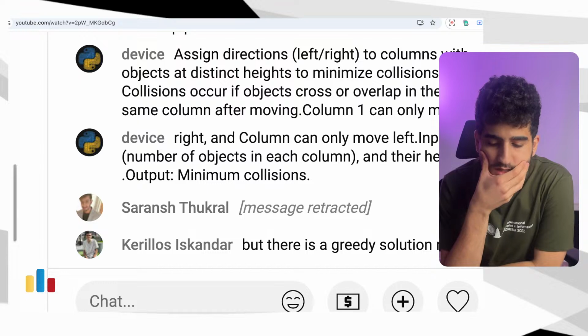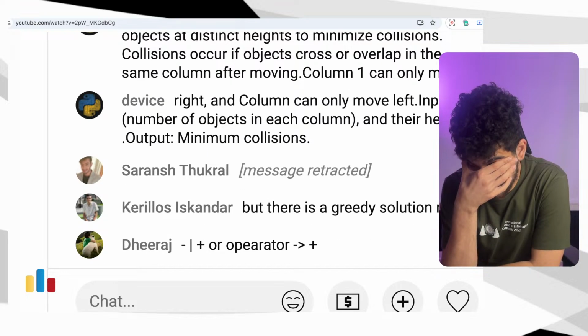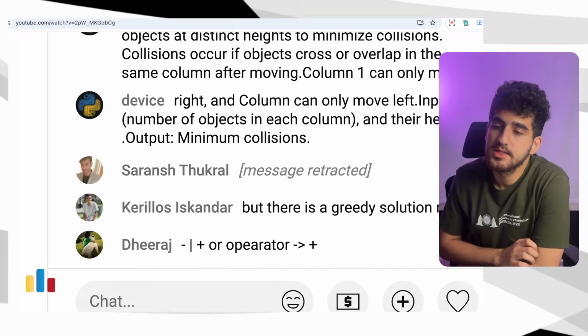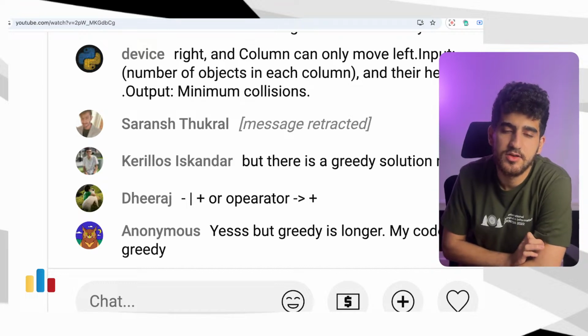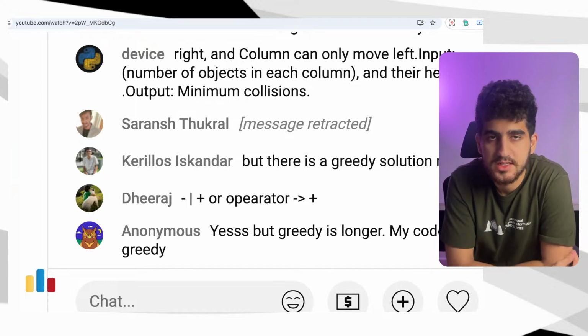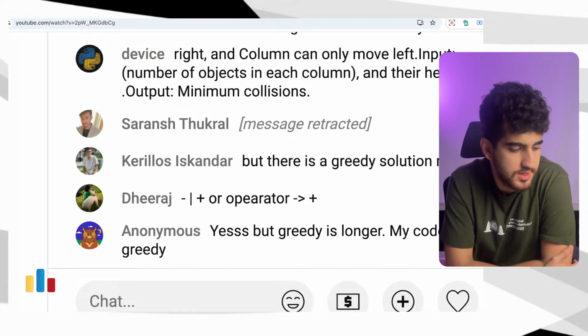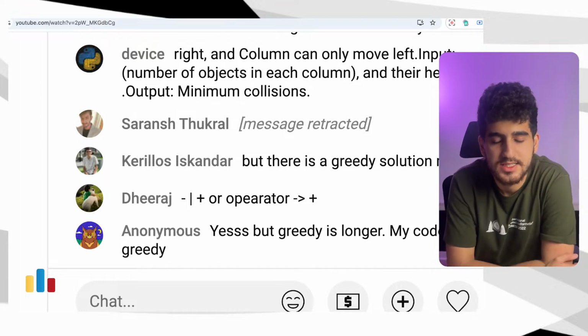Is there a greedy solution? It's possible to, because it's only A, B, and C. There are only 3 vitamins. Yes, we can do greedy as well. We can have some cases and see each of the cases.